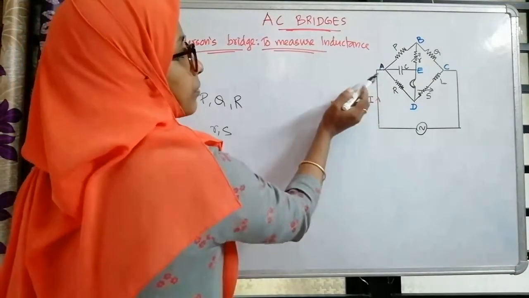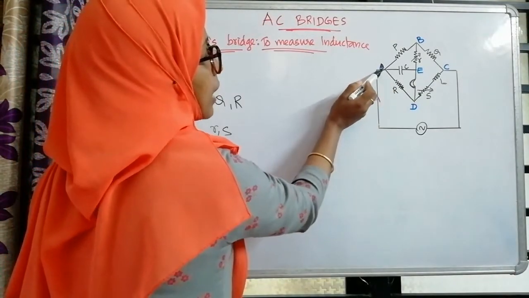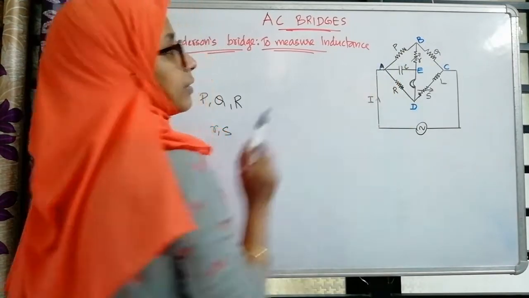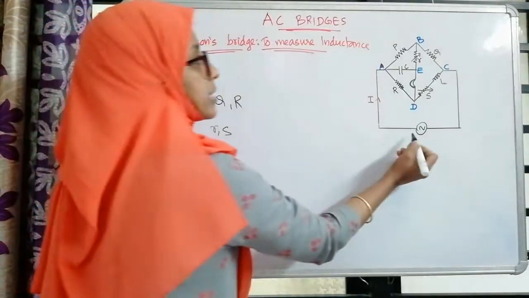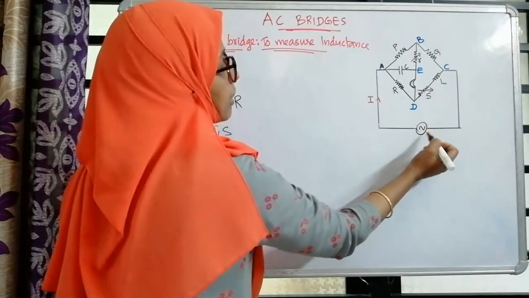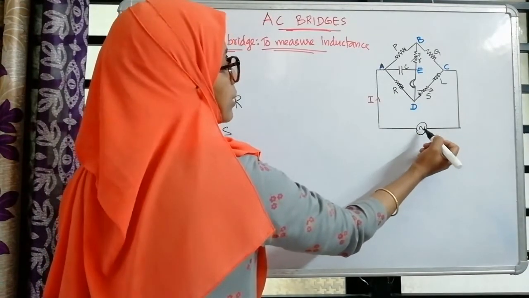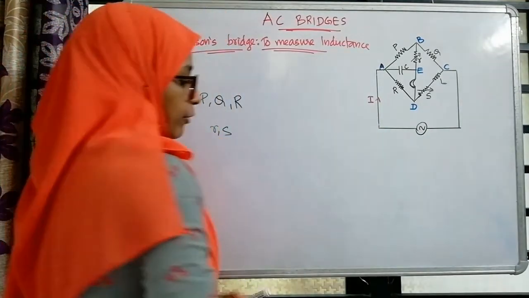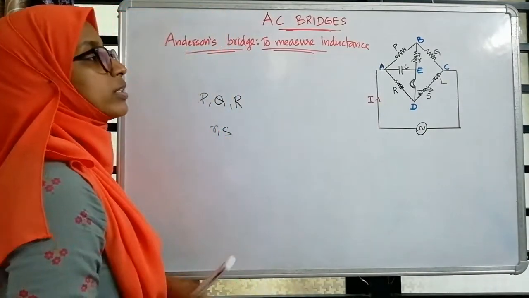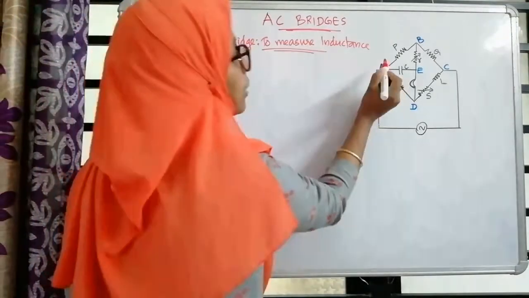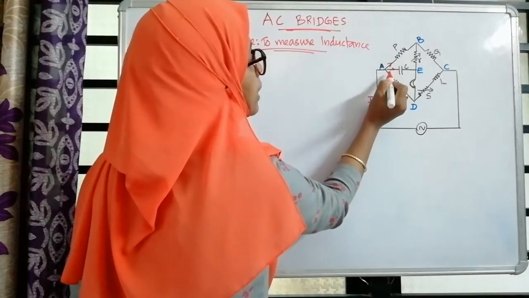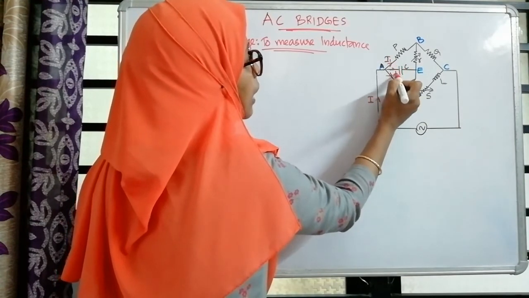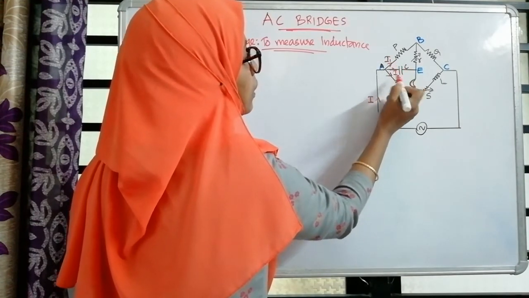So, we are naming this loop A, B, C, D, E. And E is the AC source, and a current I is passing through this. Now we can distribute the current across this bridge. That is, the currents passing through these three branches can be represented as I1, I2 and I3.